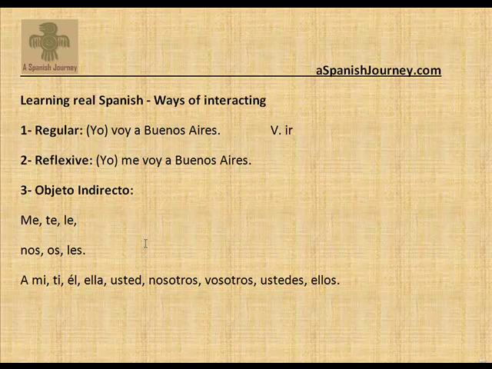Okay, so how are we going to use this? We're going to use it also with the verb ir. And the interesting thing about the indirect object pronoun is that we can also use, literally, to me, to you, to him, to her, to you formal, to us, to you plural, to you plural again, to they, okay?